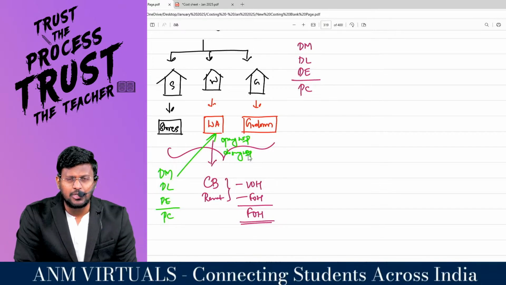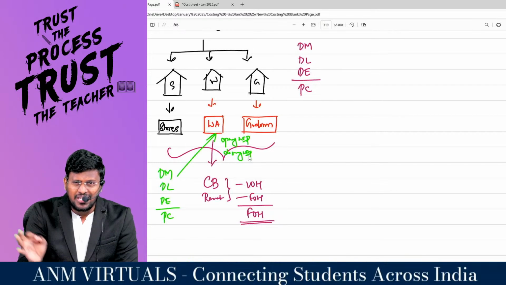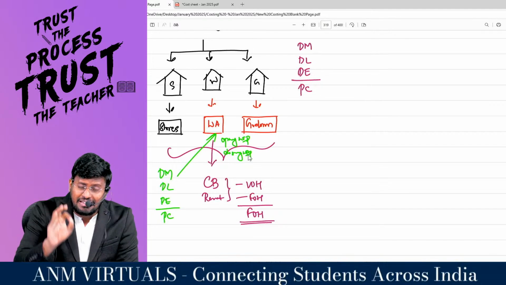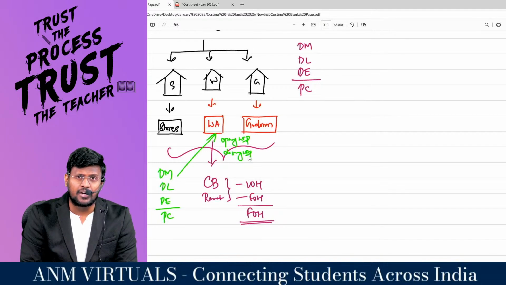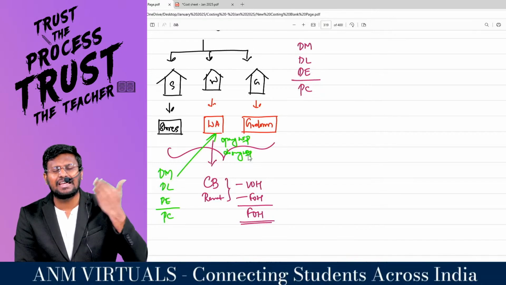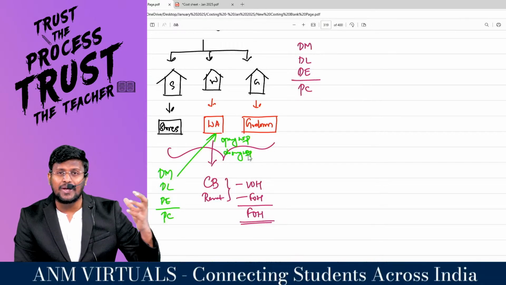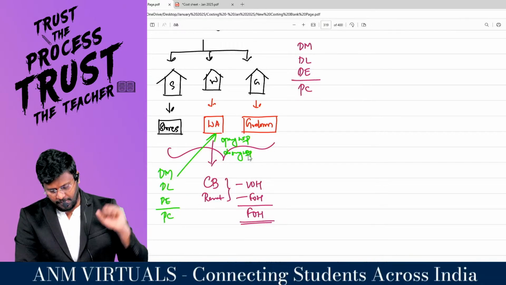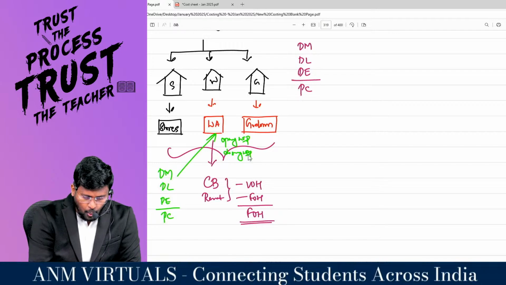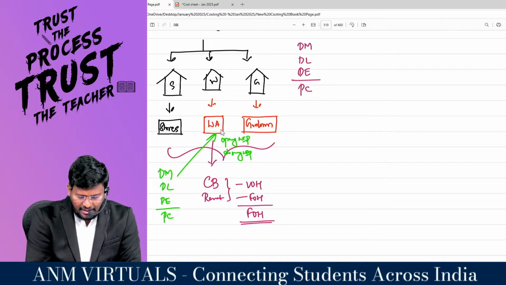And I will reduce the closing WIP because that much cost I have incurred, but the units have not been completed. So I just want the fully completed units. That's why I am adding the opening stock of WIP and reducing the closing stock of WIP. Its valuation is taken care of by process costing. Fantastic to the core. So now I am in the work area only. If I add that, I will get the net factory cost.